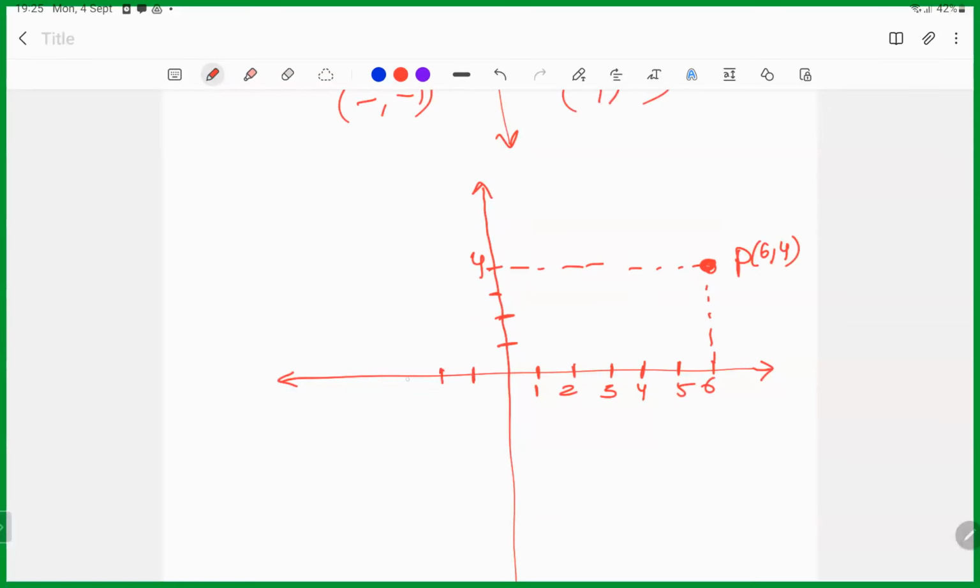How much is the x coordinate value? Minus 5. The y coordinate value? Minus 3. So the other point is this one, (-5, -3). So now we need to find the distance between the points P and Q.